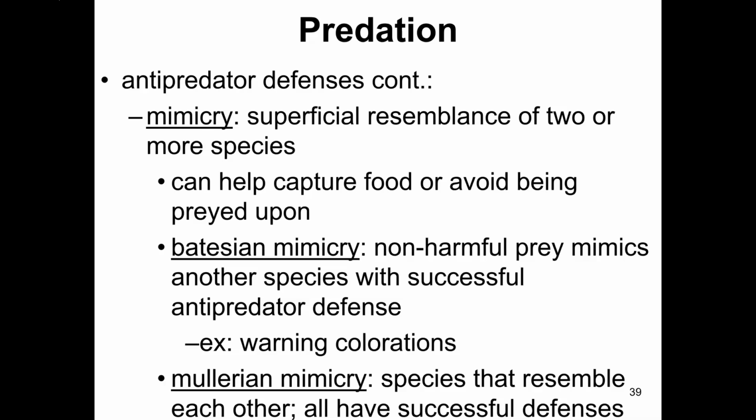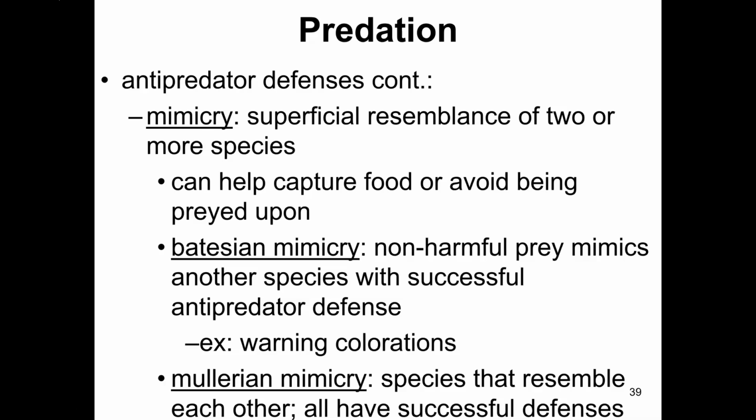Warning colorations would be an example of a prey that is going to mimic the warning colorations on an actual successful organism. Like you might have another frog that is also brightly colored, but it's not poisonous. That would be an example of warning coloration, Batesian mimicry.